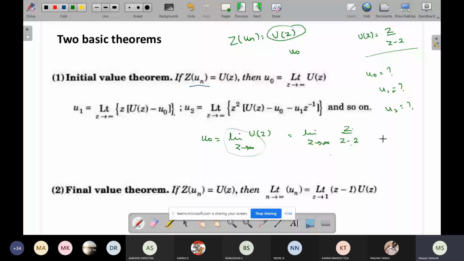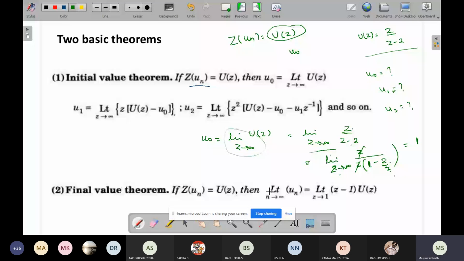So when z tends to infinity, we should take z common, so that you will get 1 here and 2 by z. So z and z will be cancelled out. When z tends to infinity, 2 by infinity is 0, 1 minus 0 is 1. So here u_0 value is 1.